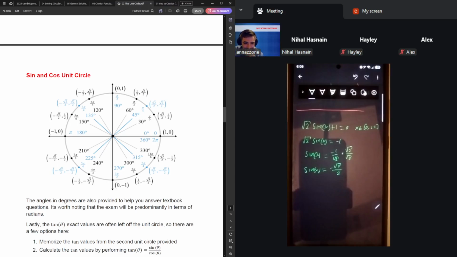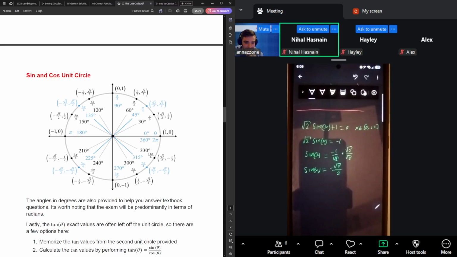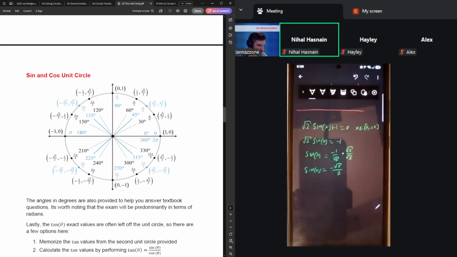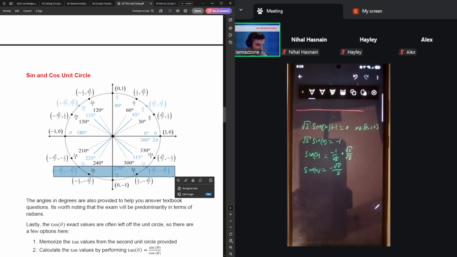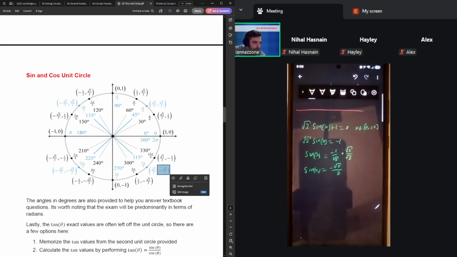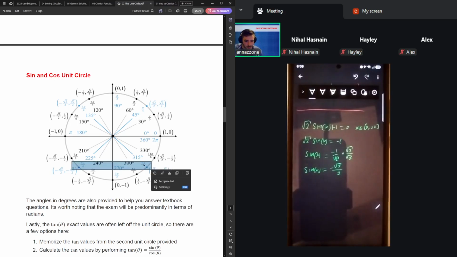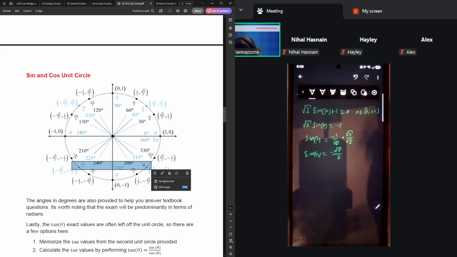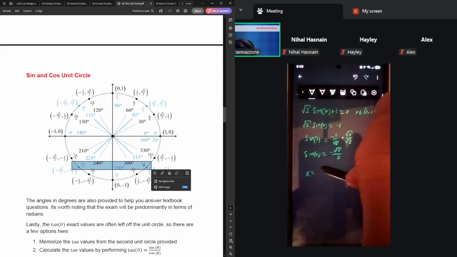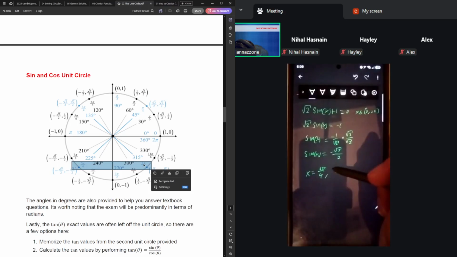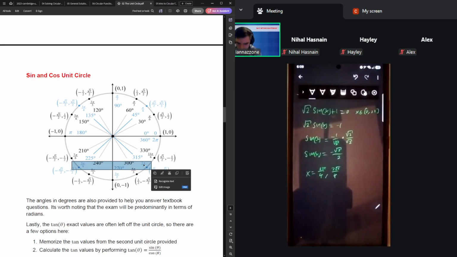Would it be at 5 pi over 4 or 7 pi over 4? 5 pi over 4, 7 pi over 4? Yeah, those are going to be the spots there. That's going to correspond with that negative y coordinate there, and this negative y coordinate here that I've highlighted on the screen share. And so yeah, we get 5 pi over 4 and 7 pi over 4 for those. x equals 5 pi over 4, 7 pi over 4.